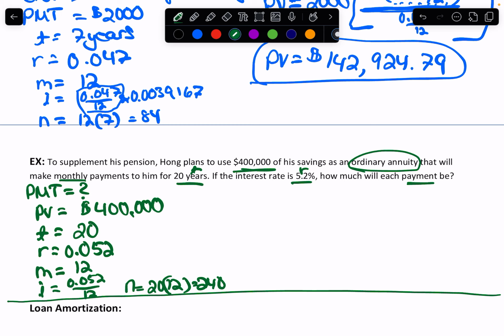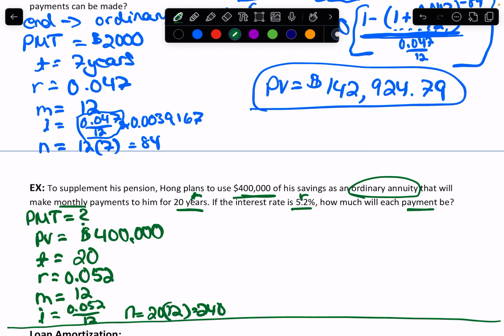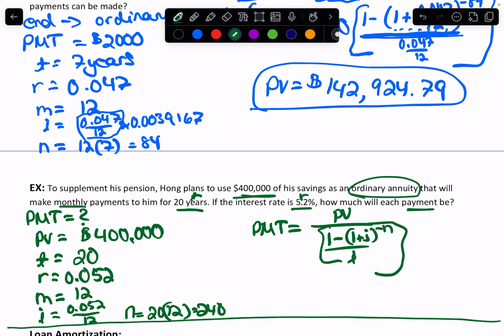When we are calculating the PMT, the formula is the present value divided by 1 minus 1 plus I to the power of negative N, divided by I, and all this inside brackets.